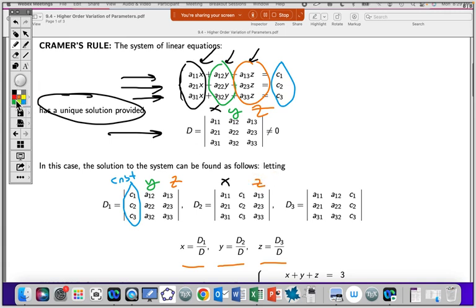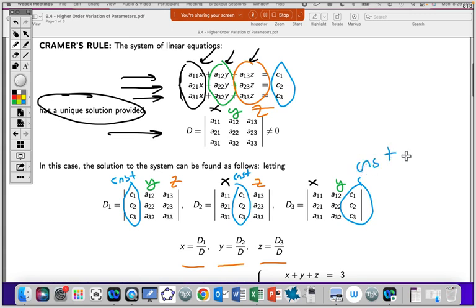We replace the column of the coefficients of Y with the constants. And then for D3, we keep the columns for the X and the Y the same. And we switch out the column of Z with the constants.